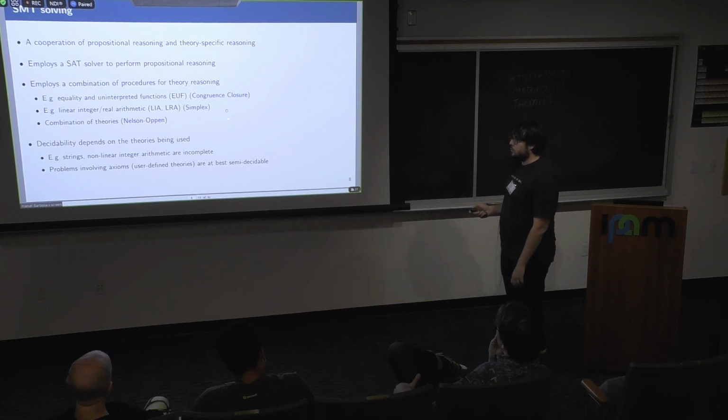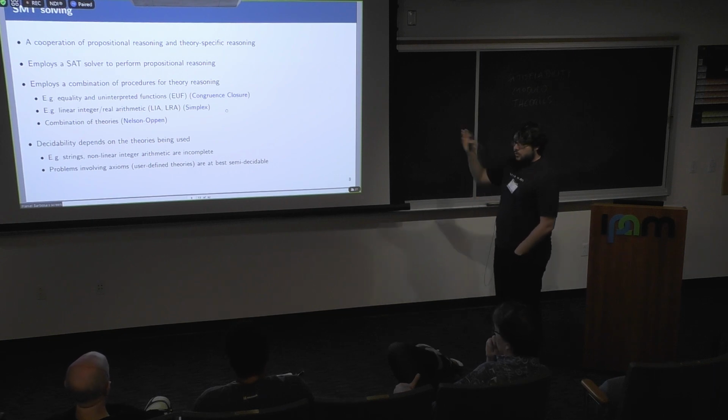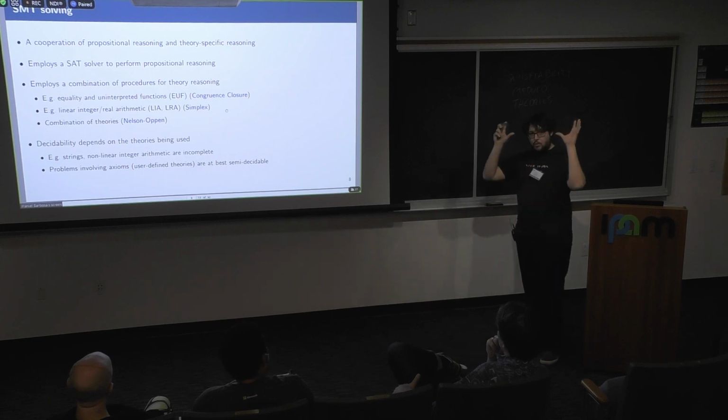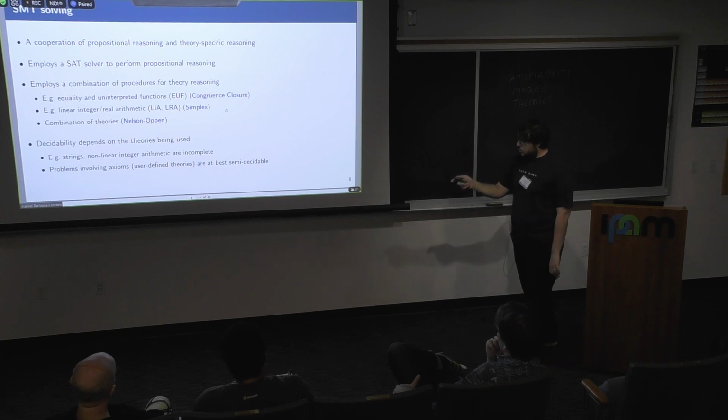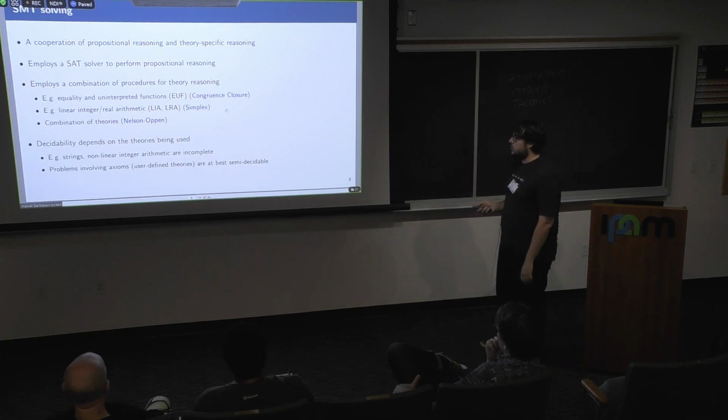If it's linear, you would use simplex. If it's nonlinear, you would use things like cylindrical algebraic decomposition. To do equational reasoning, you'd use congruence closure, an algorithm for reasoning about that. If you have a combination of theories, there is a framework that you use for that, and so on. So an SMT solver is a combination of all of these components to solve a problem that you split in several parts. But let's go to the definitions of what these things are.